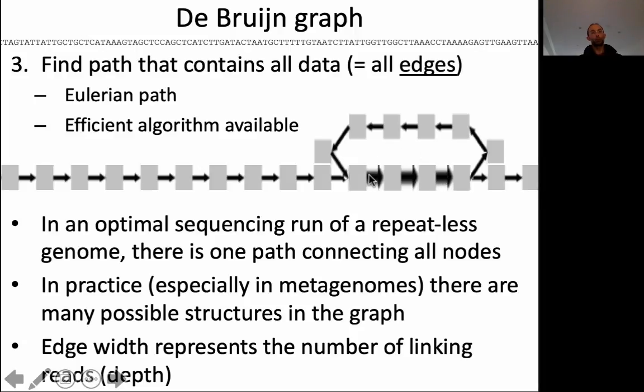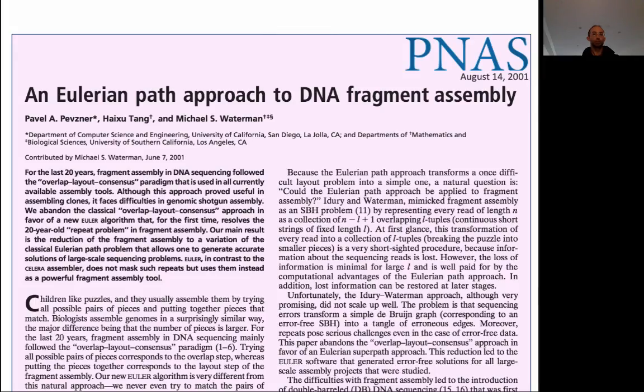And the number of reads is directly proportional to the frequency of this piece of DNA in the original data set. So if a given piece of DNA is more frequent, that means that it's probably present repeatedly in the target genome sequence.